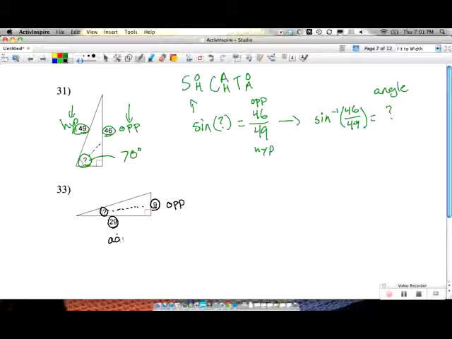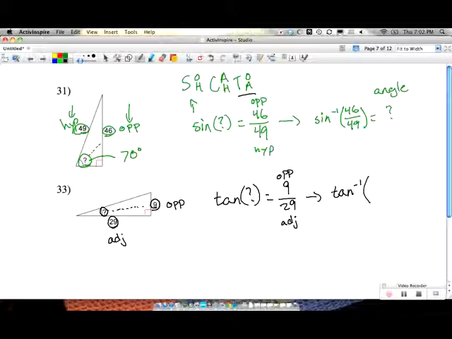That means that tangent of the question mark is equal to the opposite, which is 9, over the adjacent, which is 29. That can lead us to translate this into an inverse trig. That means that tangent inverse of the fraction, 9 over 29, is going to equal our question mark.